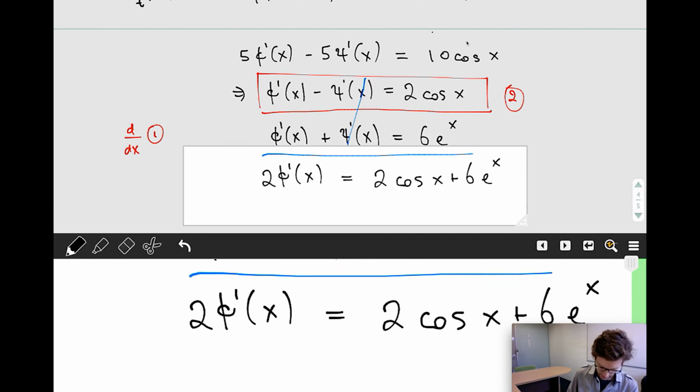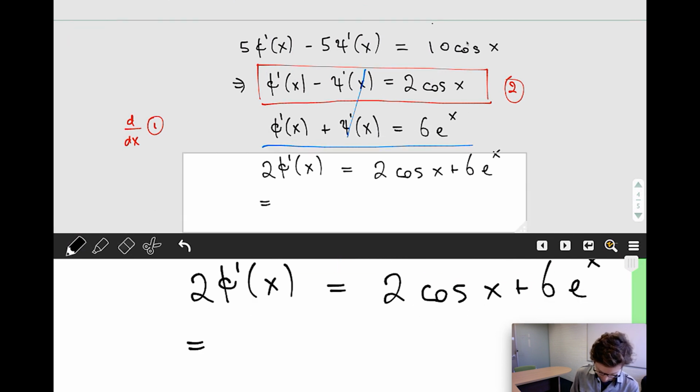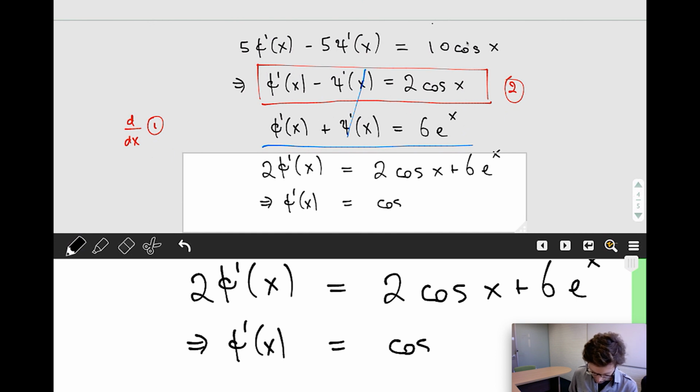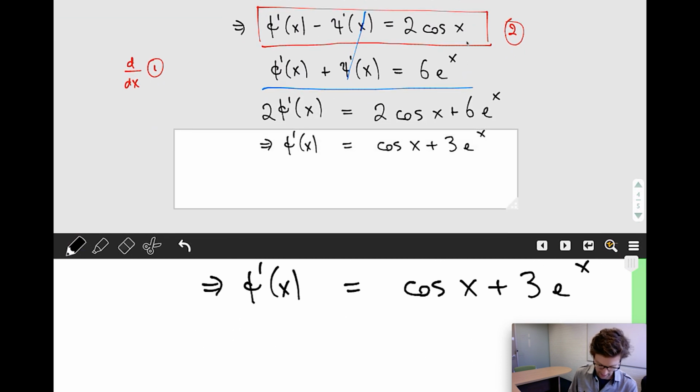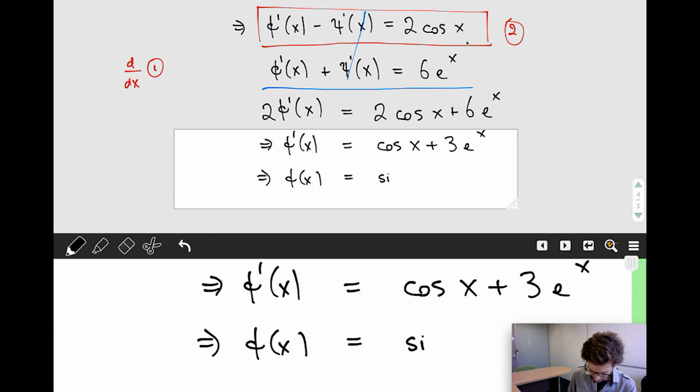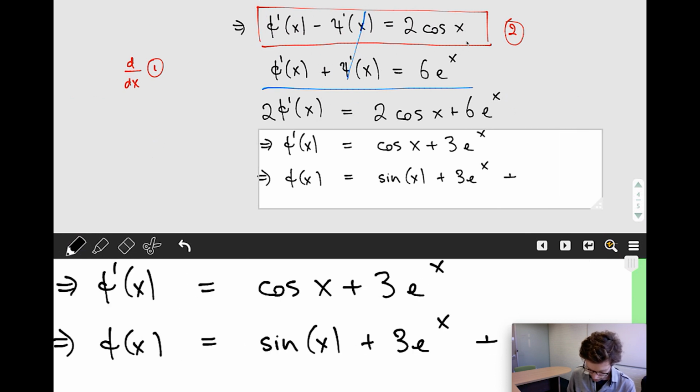I could divide both sides by 2. And to solve this equation, I'm just going to use integration. Integrate both sides with respect to x. So I'm going to get sine x plus 3e to the x plus some unknown constant of integration.